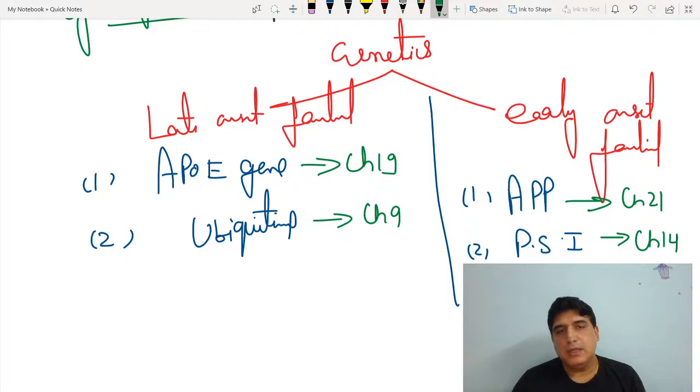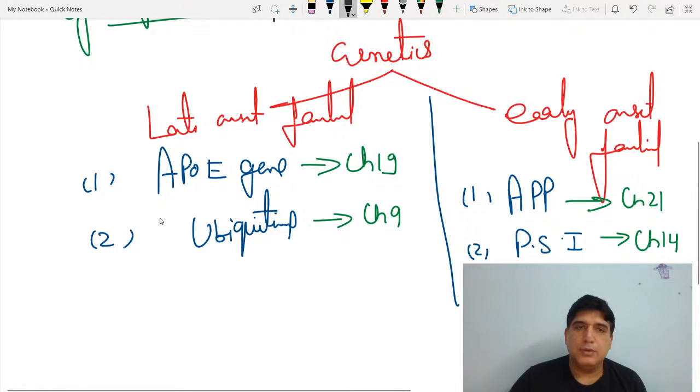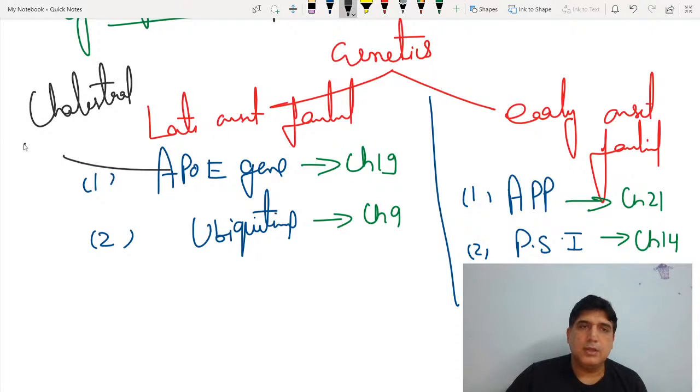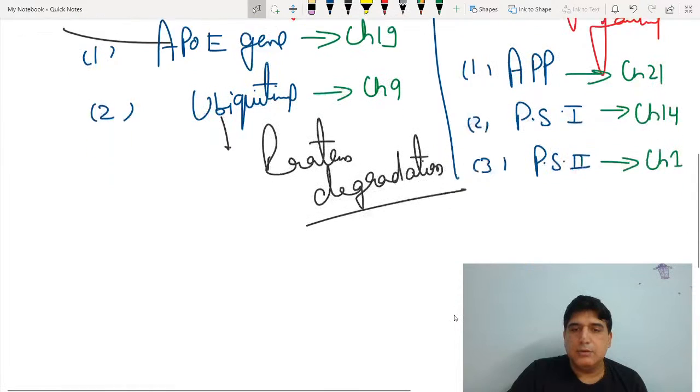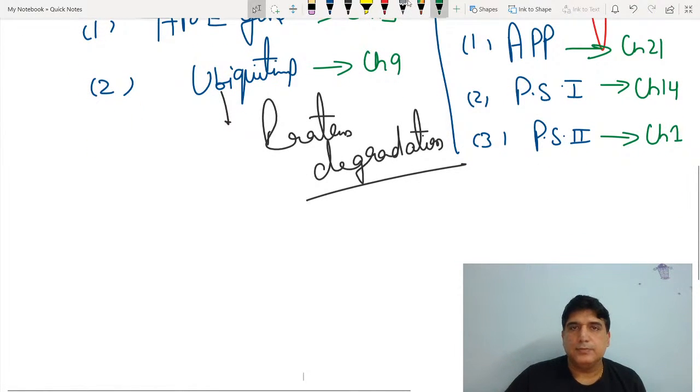So ApoE gene, ubiquitin 19 and 9, late onset familial dementia; amyloid precursor protein, presenilin 1, presenilin 2, chromosomes 21, 14 and 1, early onset familial dementia. ApoE gene is responsible for cholesterol metabolism. Ubiquitin is responsible for protein degradation. When we have a problem, then we have these neurodegenerative changes.